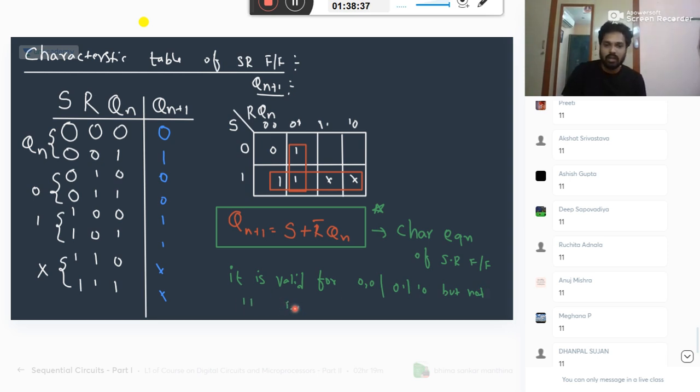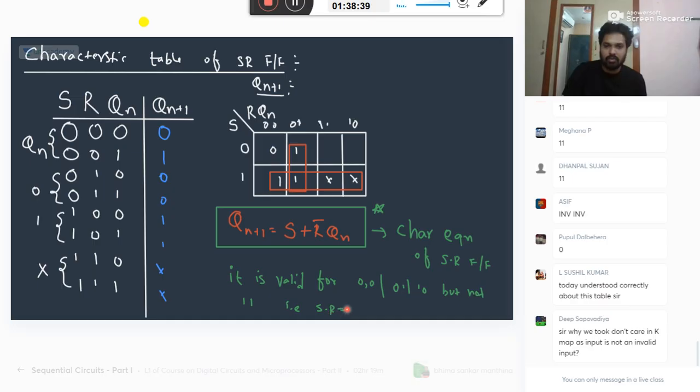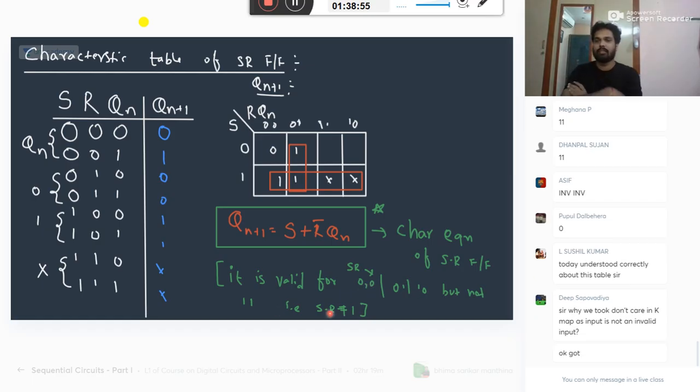That is, SR should be equal to 0. This part we already discussed. This equation we have derived is valid for 0 0, 0 1, 1 0, but not for 1 1. Okay, got it, Deep? Is this clear up to this?